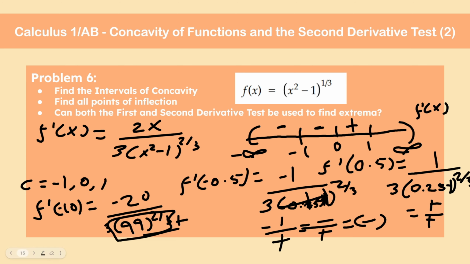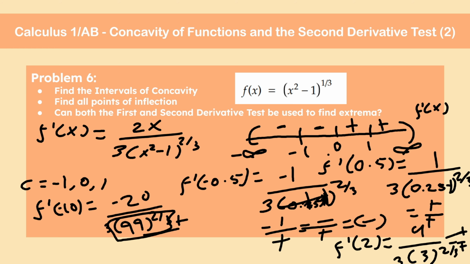So let's plug in 2. So f prime of 2 is going to be equal to 2 times 2, 4, over 3 multiplied by 2 squared, 4, minus 1, which is 3, to the power of 2 over 3. But as you can see here, it's positive over positive, which means that the extrema only occurs at the point 0, and it's going to be a relative minimum.